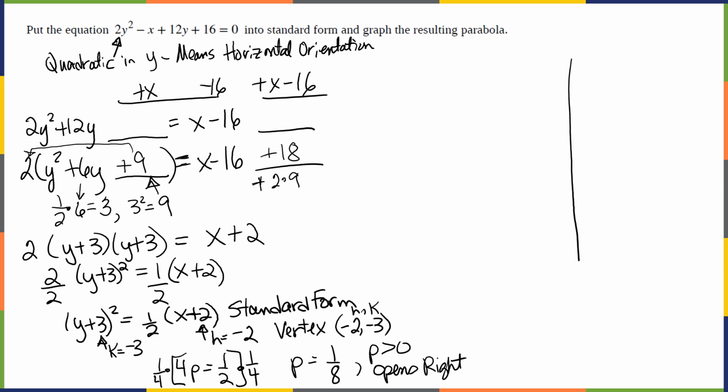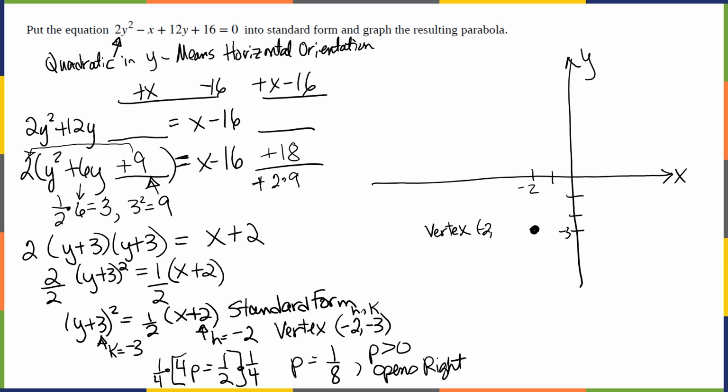So we will draw an XY axis. We will locate the vertex at -2, -3. Then we will use the value of p, which is 1/8, to go a distance to the right and left of that vertex to locate the focus and the directrix.